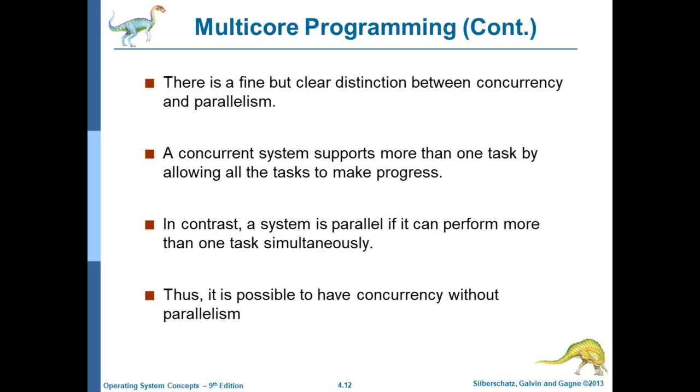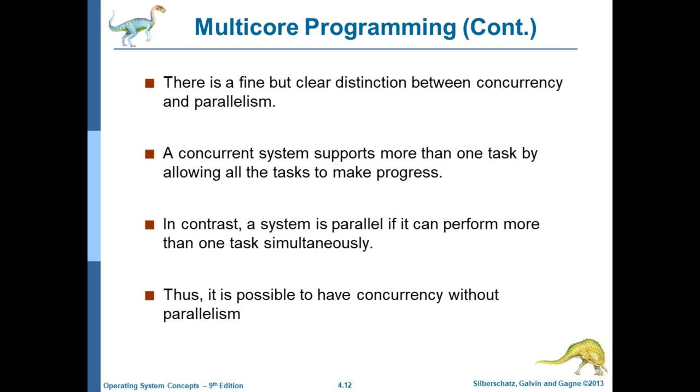In this slide, we will continue to discuss multi-core programming and the difference between concurrency and parallelism. Concurrency and parallelism are two related but distinct concepts in computer science. Concurrency means that a system can support more than one task by allowing all the tasks to make progress.